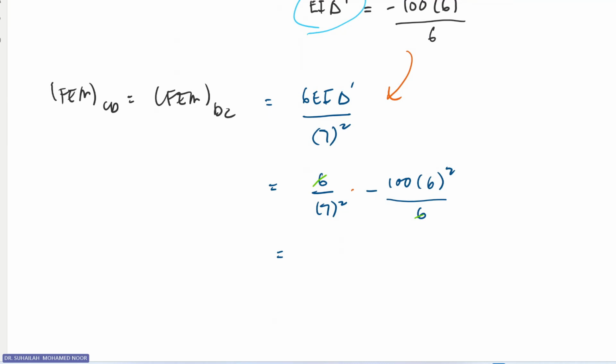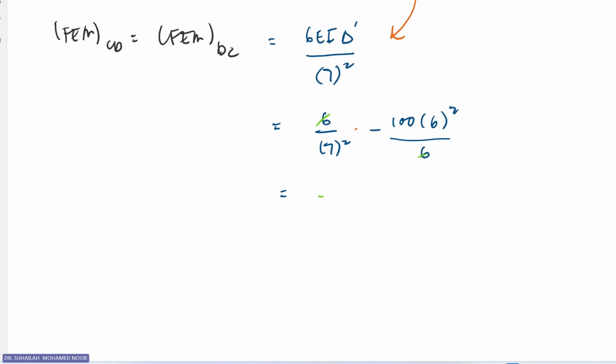We will get negative 3600 divided by 49, which is negative 73.469 kilonewton meter.